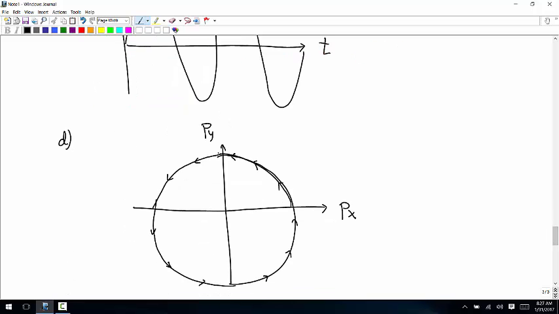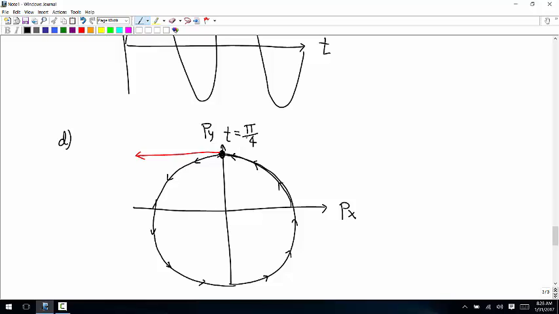Okay, we're just talking position, so it would be at the top. A tangent to the path at that point is this.